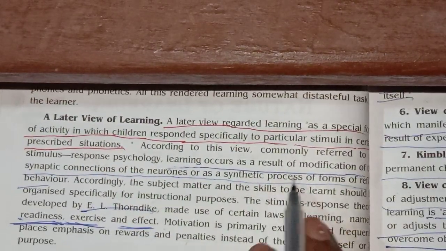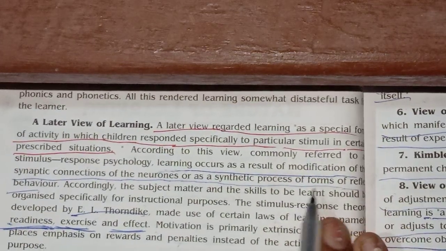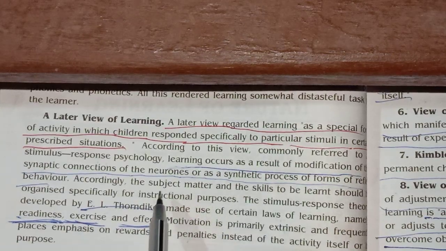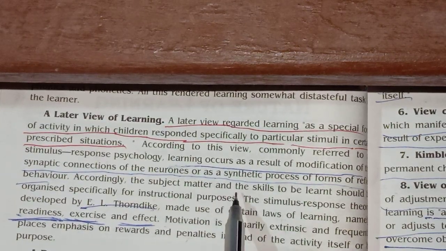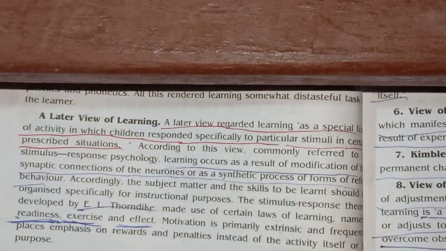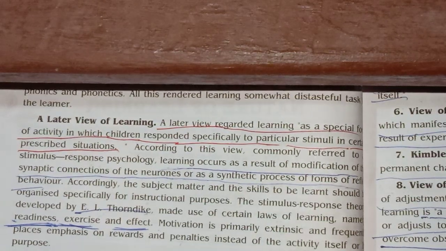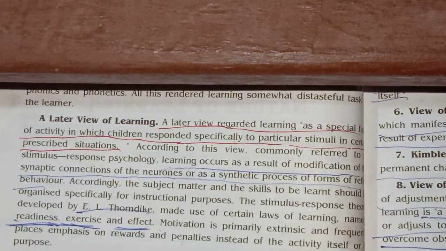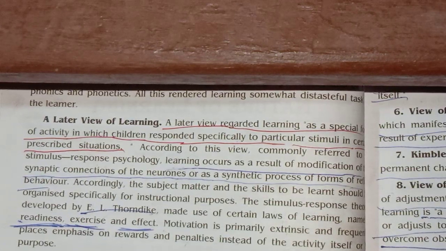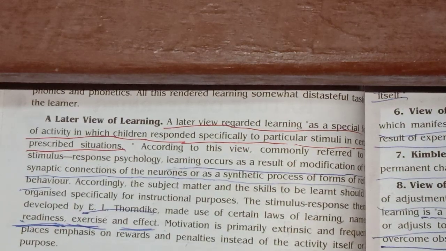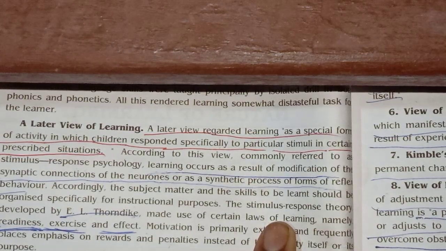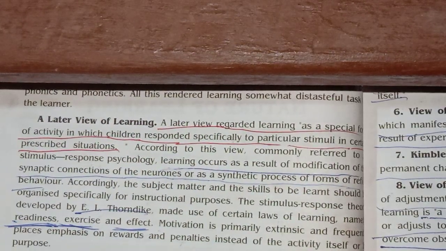Learning occurs as a result of modification of the synaptic connections of neurons, or as a synthetic process of forms of reflex behavior. It is a response by the synaptic connection of neurons, and that response is also called modification of neurons.